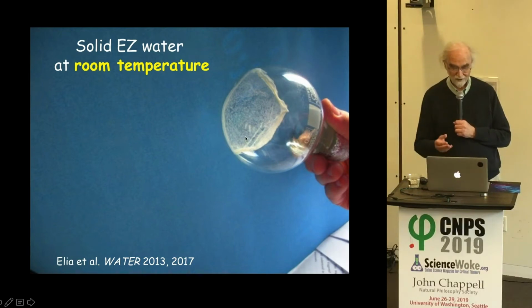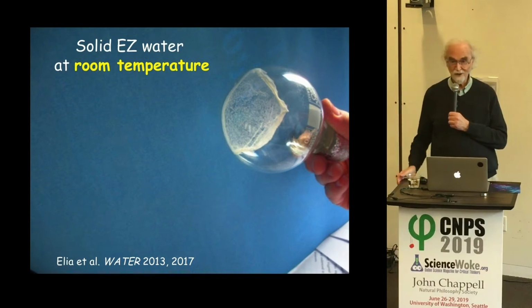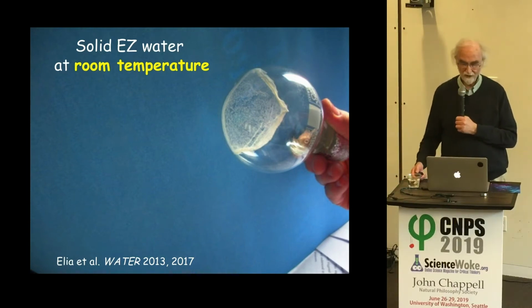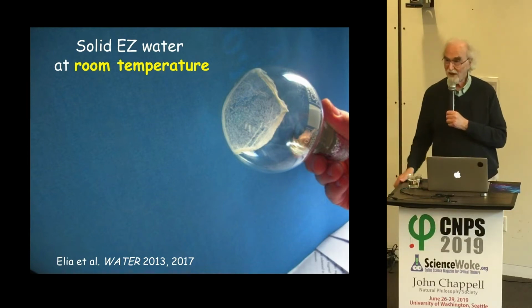That's here. They gave us some too, put it into a little flask, and I was a little embarrassed to tell them that I gave little bits of it to each of the people in the lab, hoping they would do something, but nobody ever did anything. So we began repeating their experiments, because for me, it's totally amazing to have a kind of water that's a solid at room temperature.